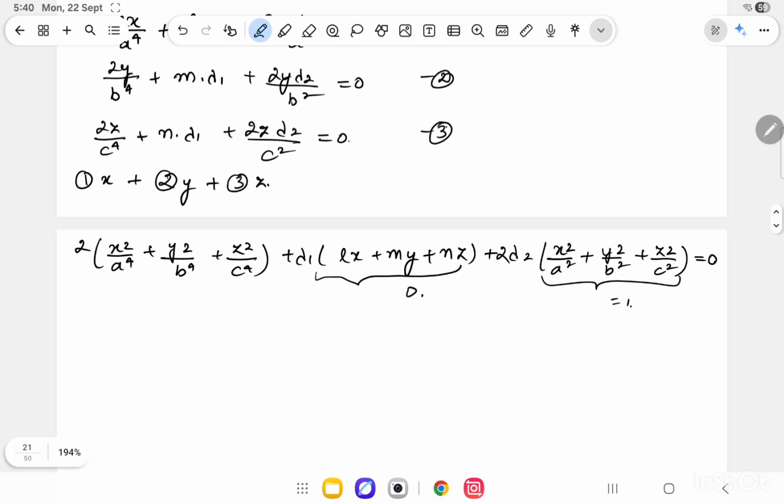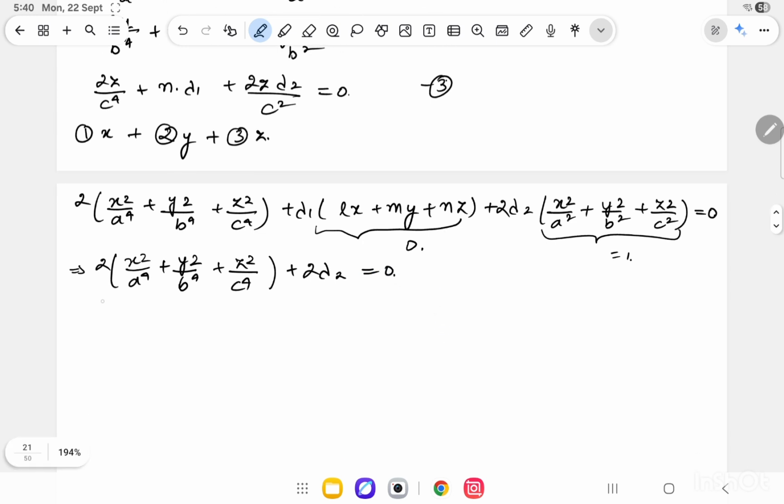So from here I'll get 2 times x square by a raised 4 plus y square by b raised 4 plus z square by c raised 4 plus this term will reduce to 0, so I'll be left with plus 2 lambda 2 equals 0.